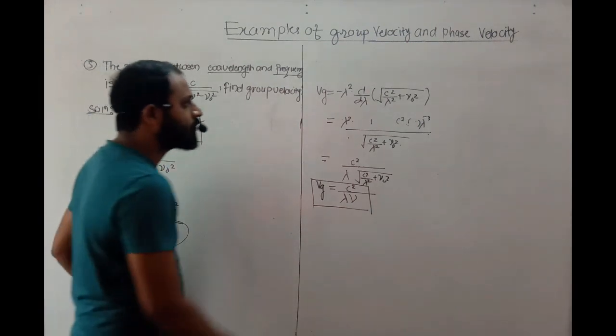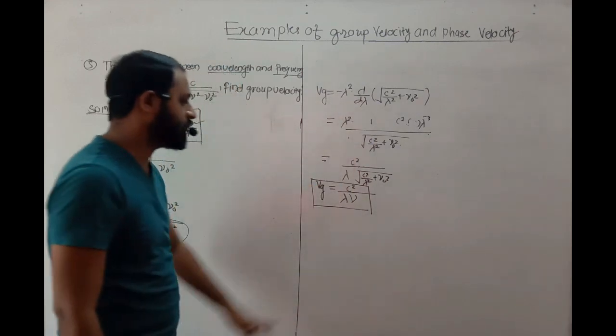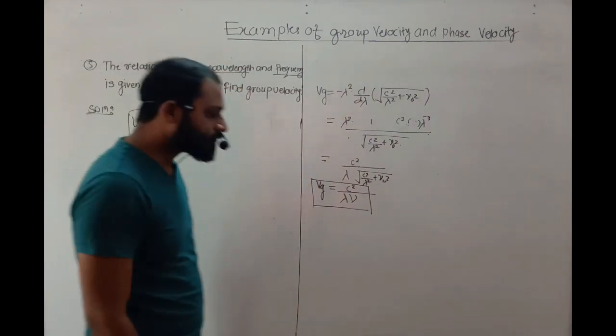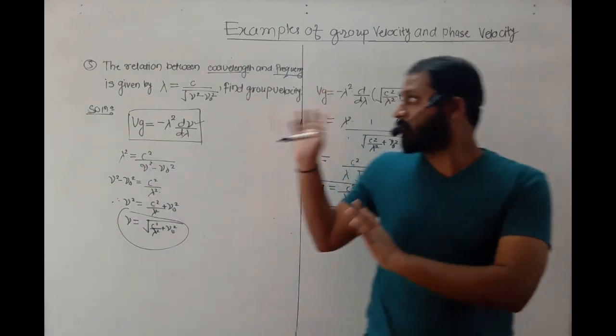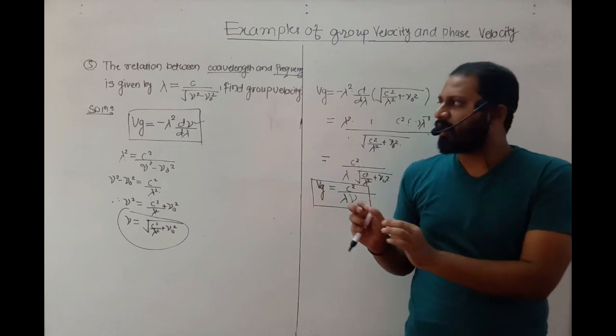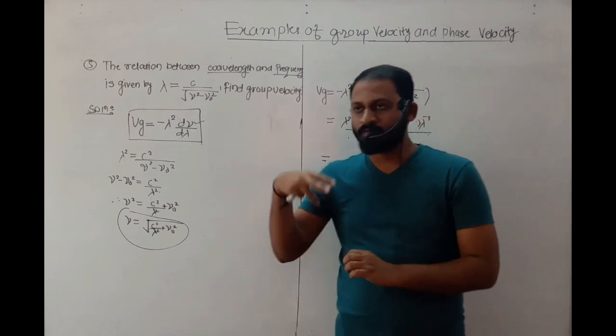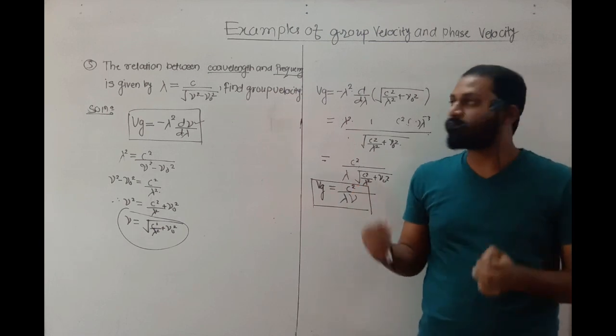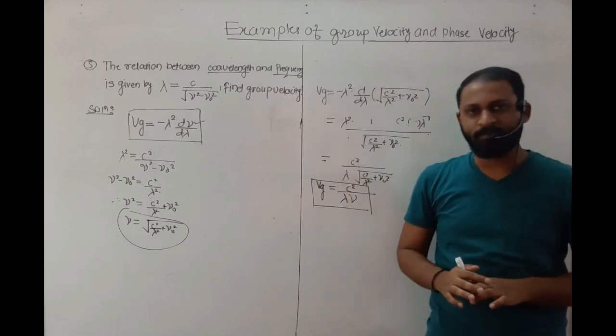Then just differentiate with respect to lambda and you get the group velocity. तो देखिए इस लेक्चर में हमने we have discussed the 5 problems which were very simple, level 1 problems. From the next video of quantum mechanics we will discuss the level 2 problems of group and phase velocity.